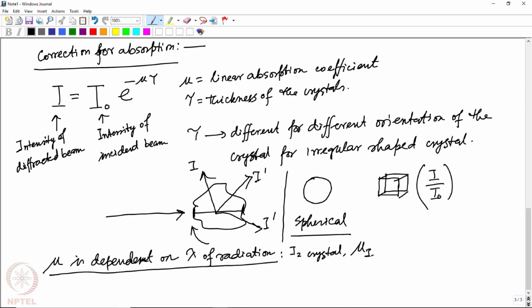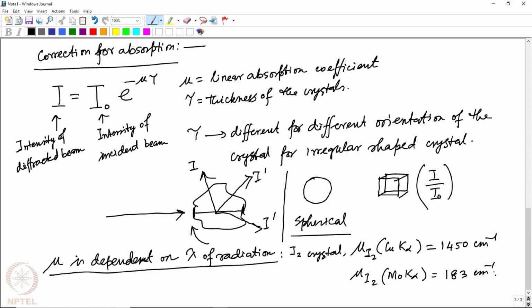This mu for I2 using copper K alpha radiation is found to be about 1450 centimeter inverse, whereas the same mu for I2 using Mo K alpha radiation is reduced to just 183 centimeter inverse. That means to avoid any significant influence of absorption, one should use a shorter wavelength like molybdenum.